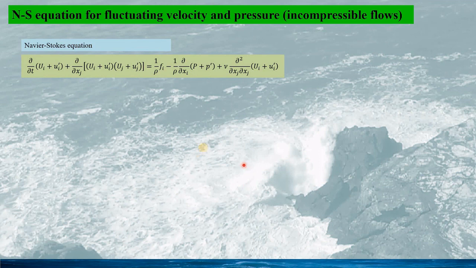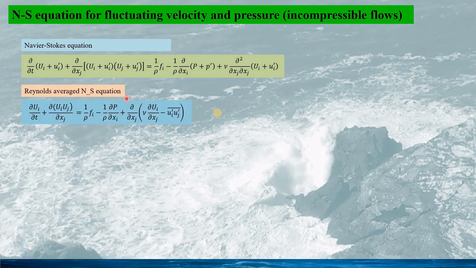Now we have the conventional Navier-Stokes equation in a form as this. Here, the mean and the fluctuating velocities and pressures are used. And from the previous slides, we also have the Reynolds averaged Navier-Stokes equation given in this form.